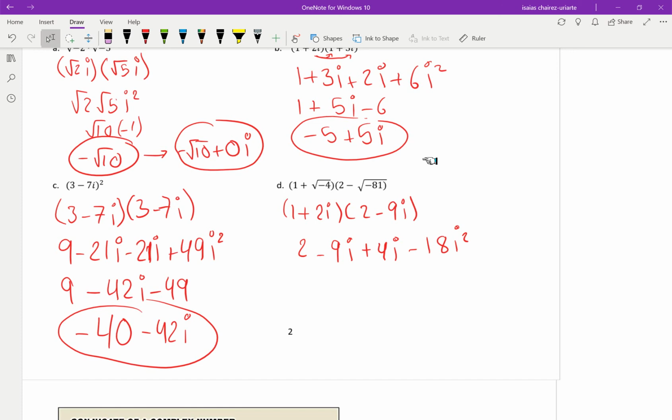And you gotta keep in mind that i squared is negative 1. So let's simplify and collect like terms. So this becomes 2 minus 5i, and then this should become plus 18. So that's 20 minus 5i.